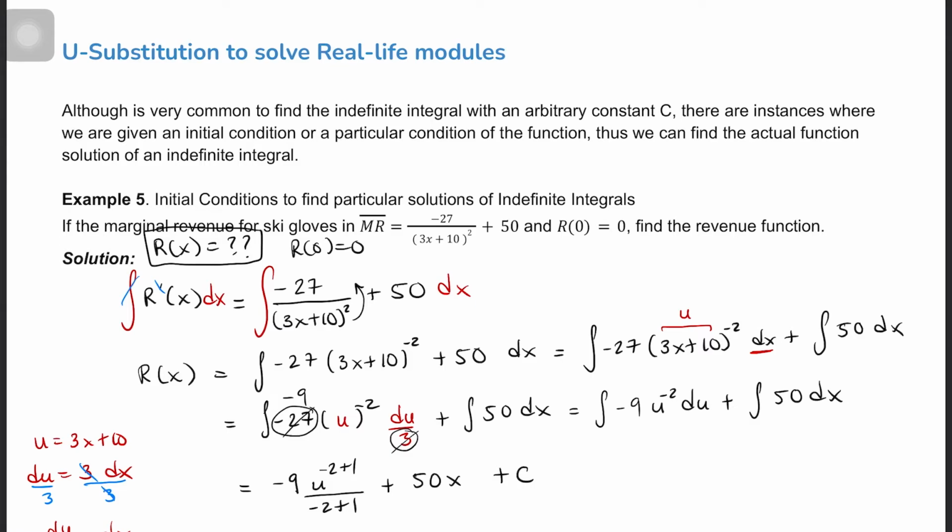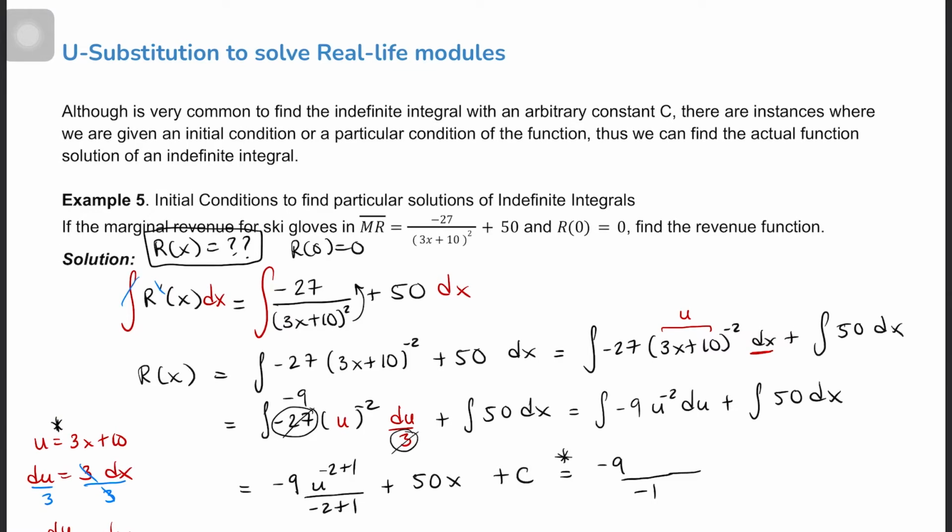And then u is a function of x, so it shouldn't be a problem to rewrite that. So it'll be negative 9 over negative 1 u. We can write u in terms of x by using this here: 3x plus 10 to the negative 1 plus 50x plus c, right? So we only have to add one c for the entire expression.